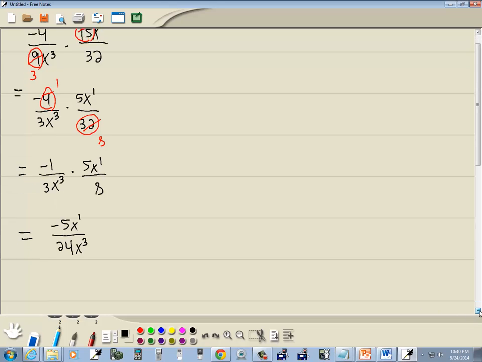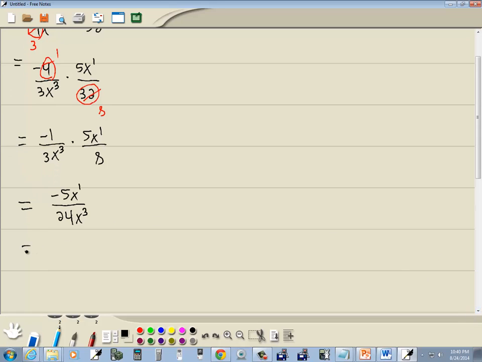You shouldn't have to worry about the numbers anymore if you did a good job canceling them. So let's handle the x's. Whenever you have x to a power over x to a power, you subtract the smaller exponent from the larger one. So 3 minus 1 is 2, and we're going to have x to the second power where our larger exponent was, which was on the bottom. And that's our answer.